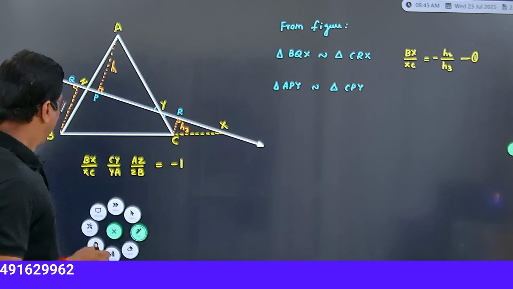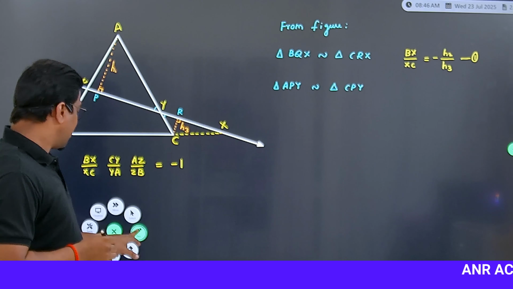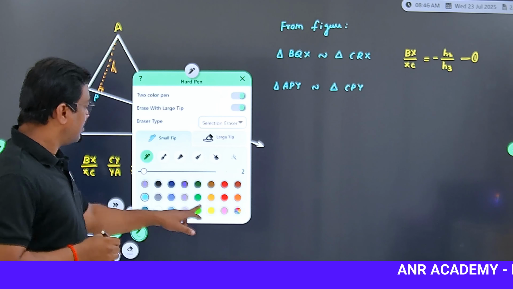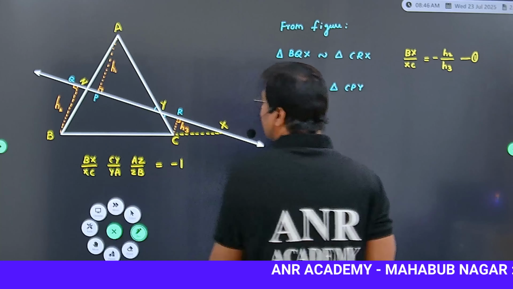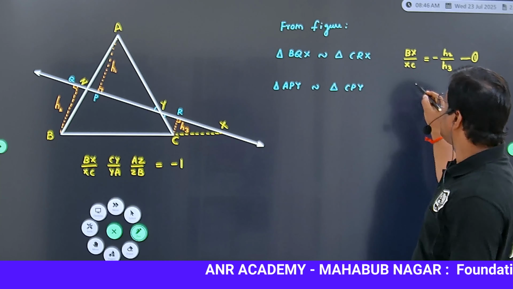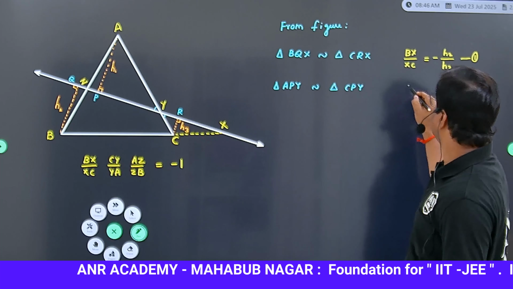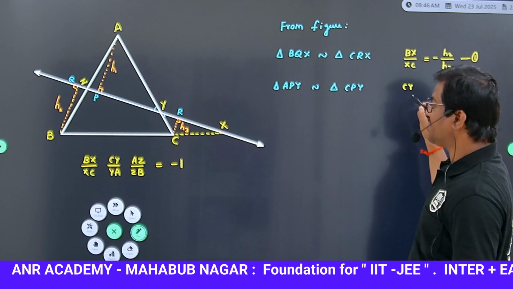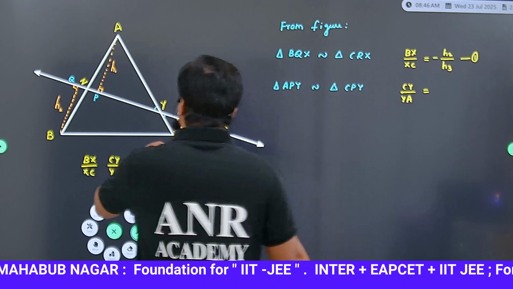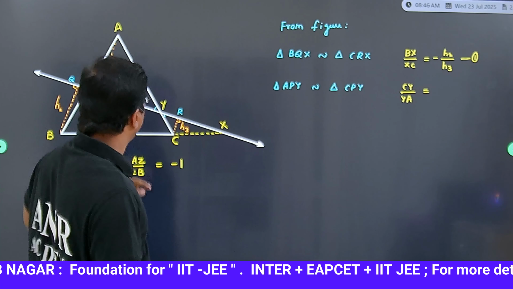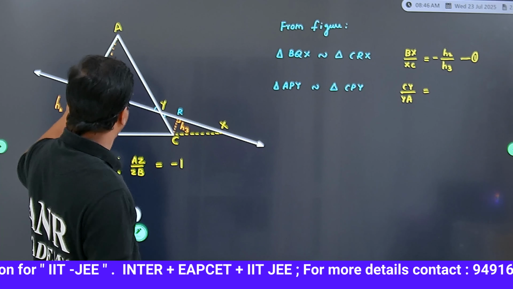Yes, when the two triangles are similar triangles, then their corresponding sides ratio is proportionate, so that I can write AY by YC. Here you need CY by YA, so direction C to Y first and then Y to A I am writing. C to Y, that is opposite to 90 degrees.